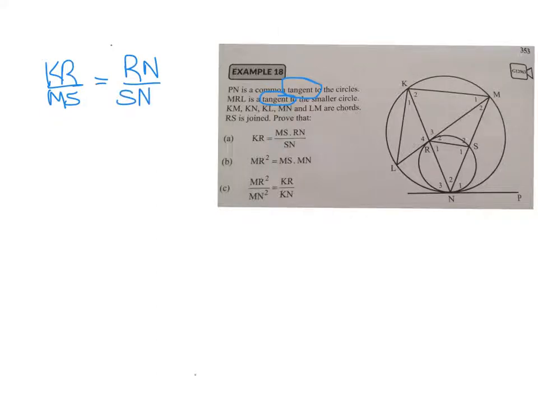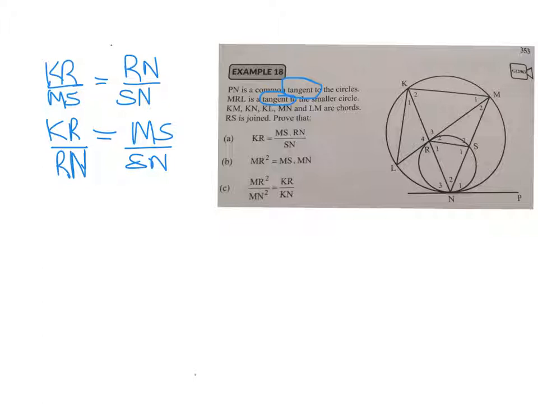Or I can do KR over RN is equal to MS over SN. So I usually write all my possibilities down first, and then I'm going to have a look which one actually makes the most sense. That's what I usually do.